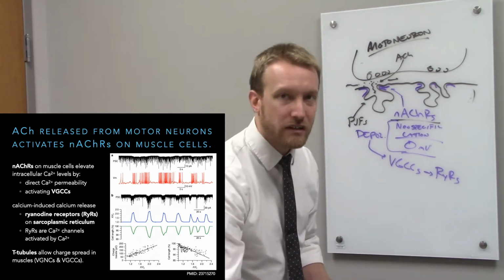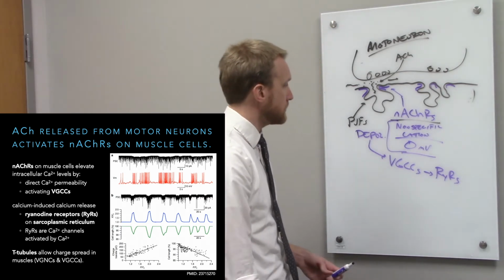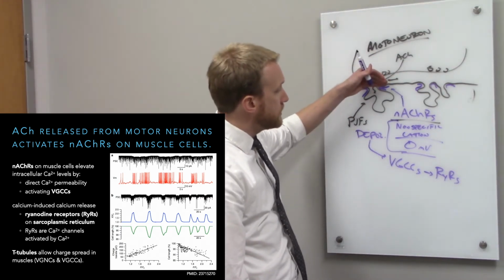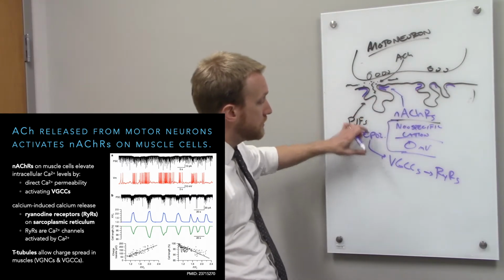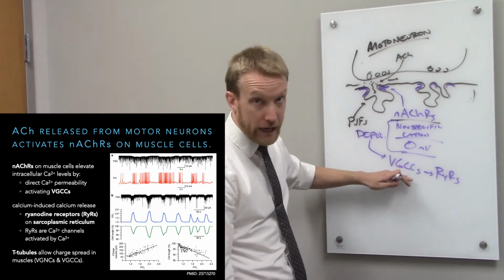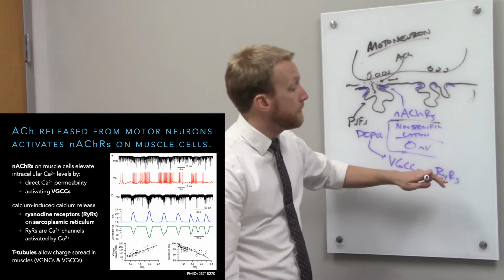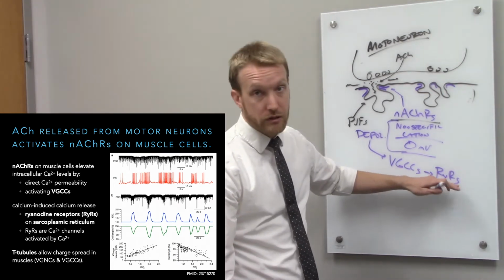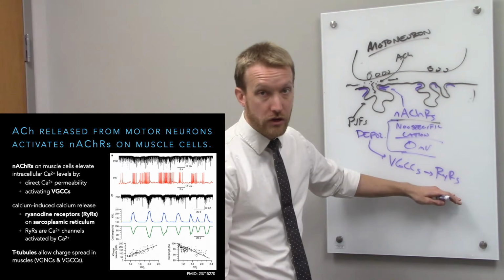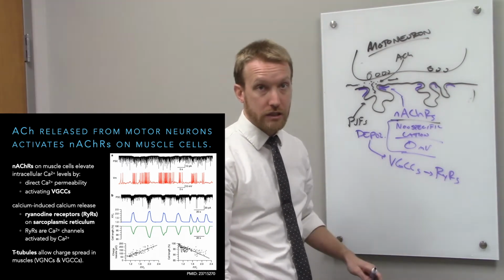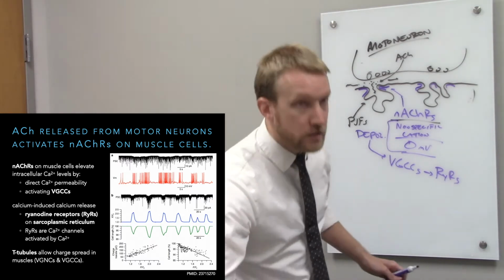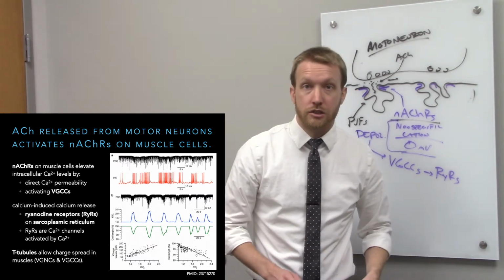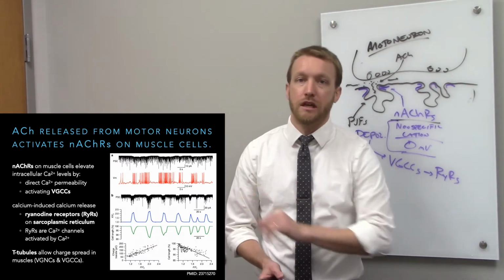So it's a big sack of calcium. So when we have input from motor neurons, nicotinic acetylcholine receptors depolarize us, voltage-gated calcium channels are activated by that depolarization, and then ryanodine receptors allow for calcium release from the sarcoplasmic reticulum. And that calcium is critical for changing the shape of the muscle. And that's really what all these data are showing us here.